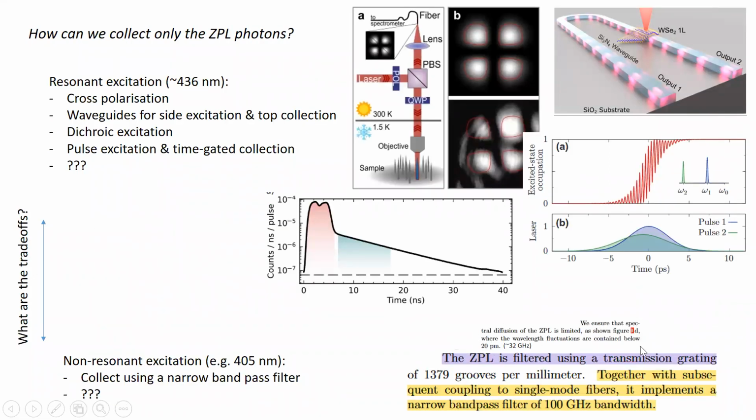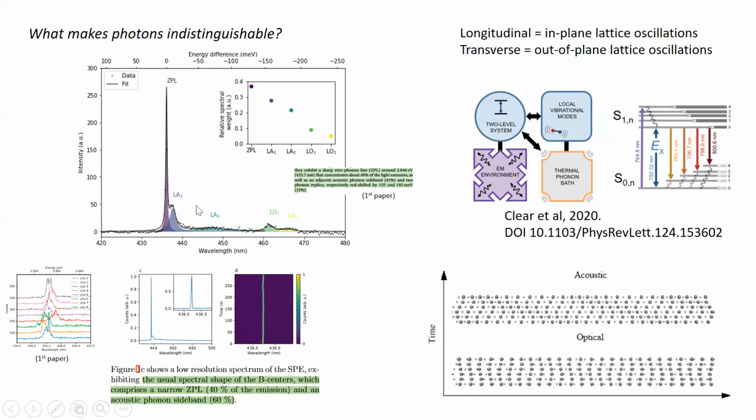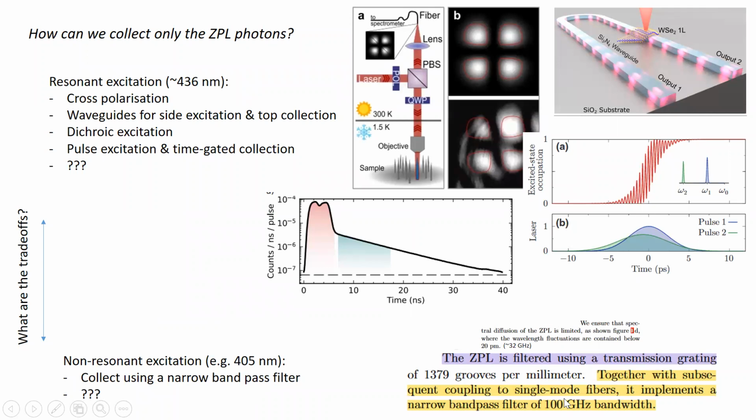And then they used a transmission grating, which employs diffraction to further filter the spectrum, and that got them something like 100 gigahertz of the spectrum that they could collect.